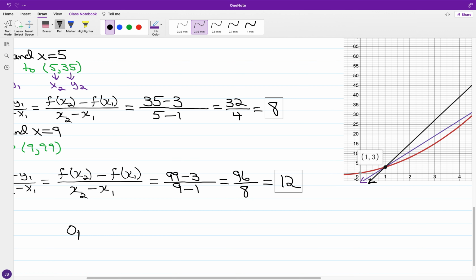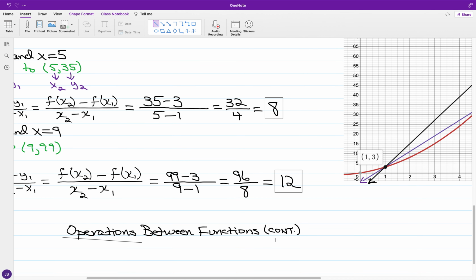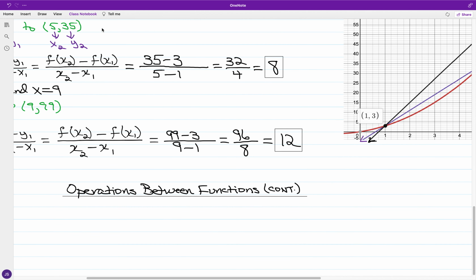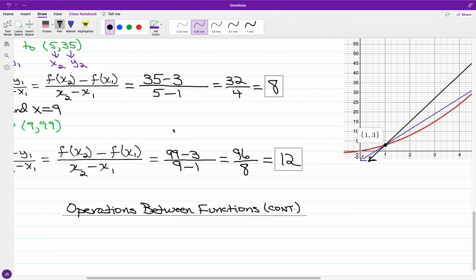For the operations between functions, there will be more operations than just the 4, but we're just staying with what we have had.